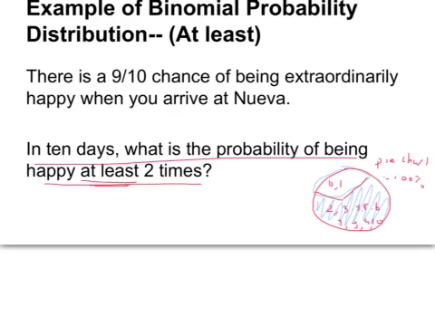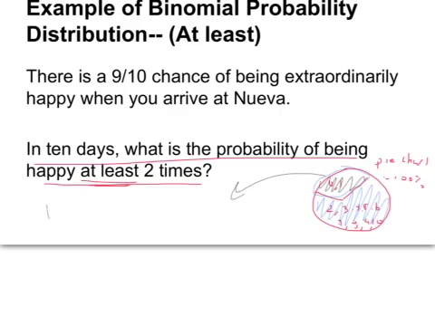Well, what's easier to find? It's much easier to find this section in here, because there are only 2 events, being happy 0 times or being happy 1 time.